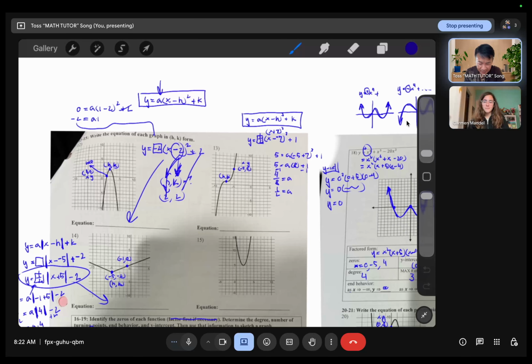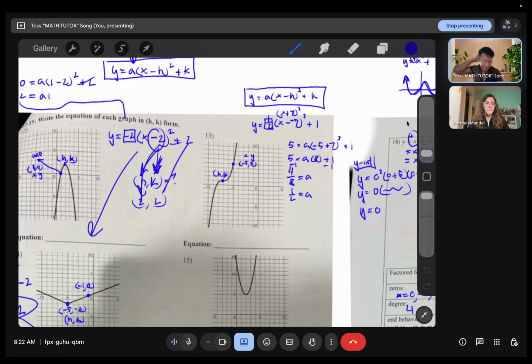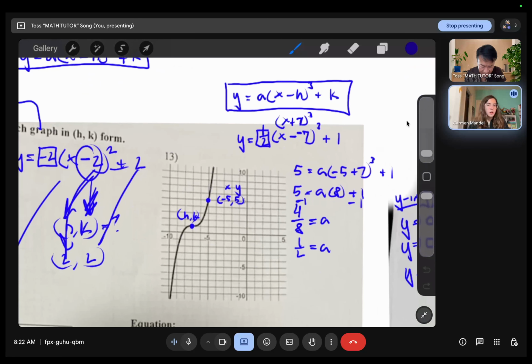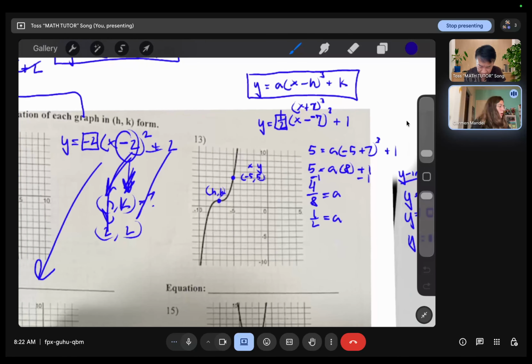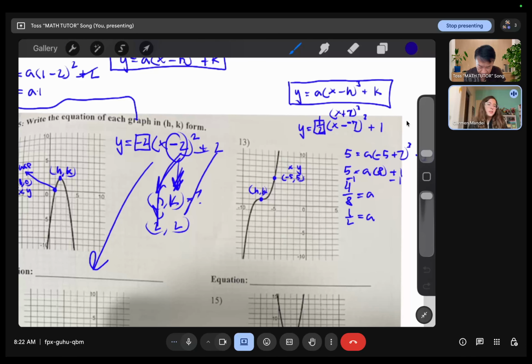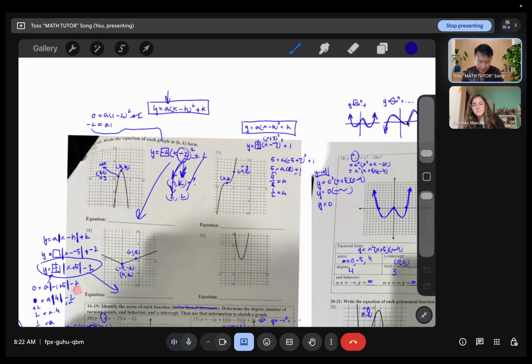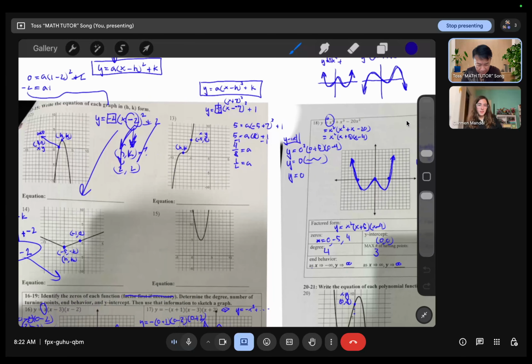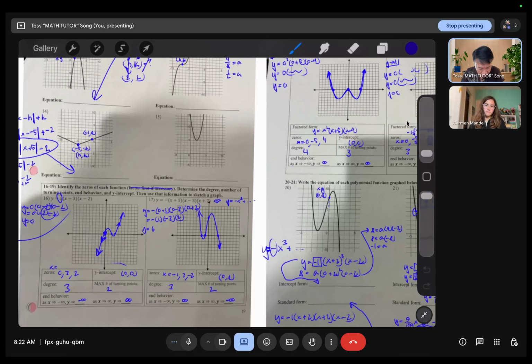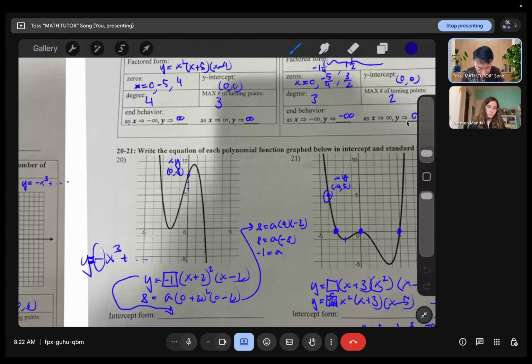Here it is. Is this it right here? This one is writing the equation, but we can use it to do it if you want. What about this one here? Writing the equation.